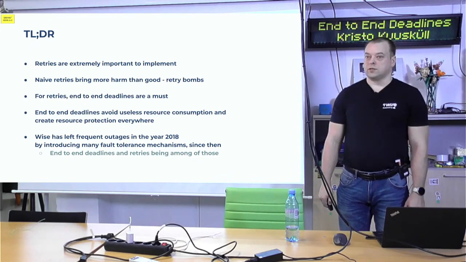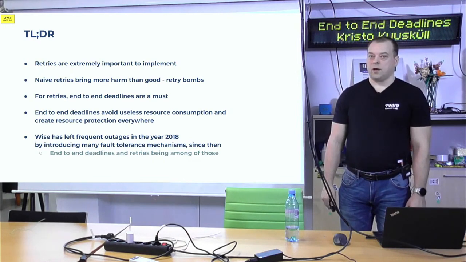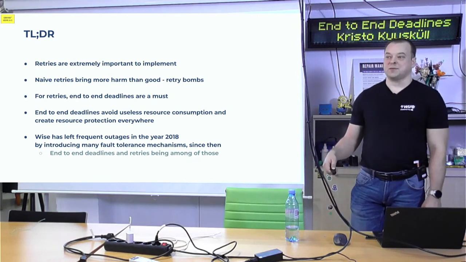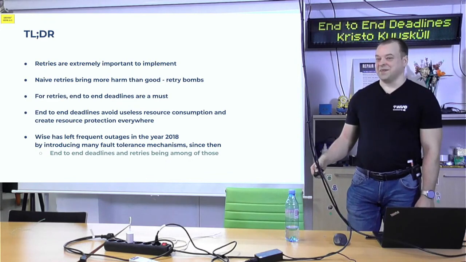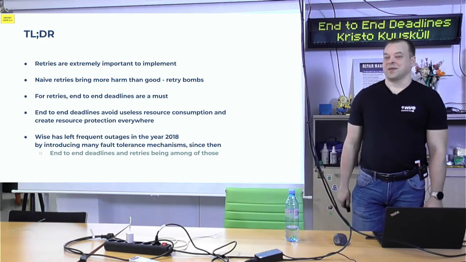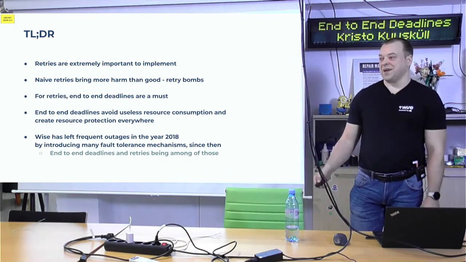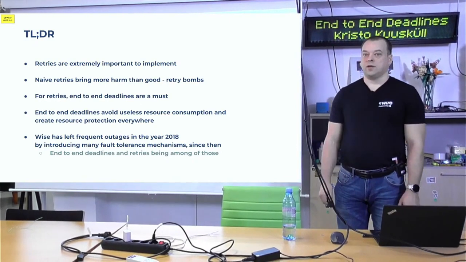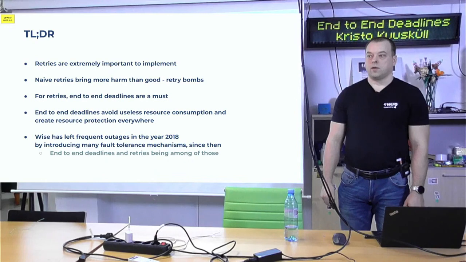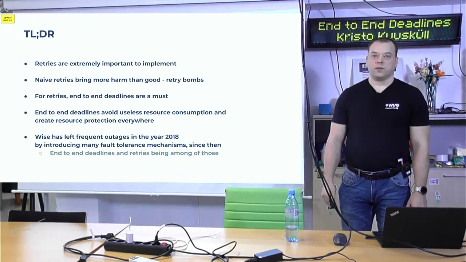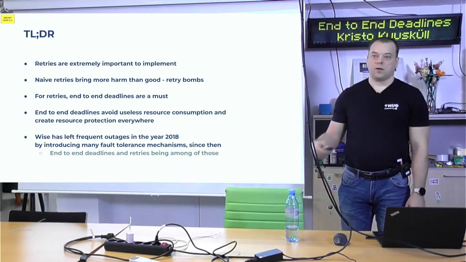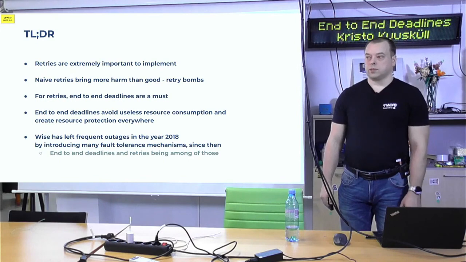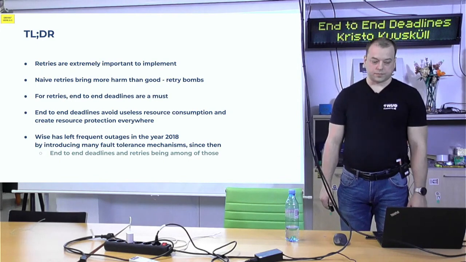Those outages we had in 2018, where Wise was down for let's say eight hours because the database was overloaded and we tried to restart it, are basically left in that year. Now most of the incidents we have happen only in specific components. They are not affecting all other components, even in a service.